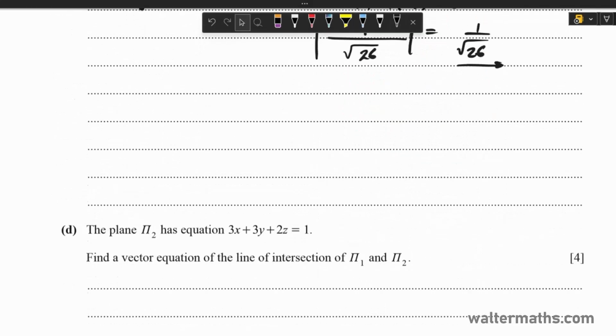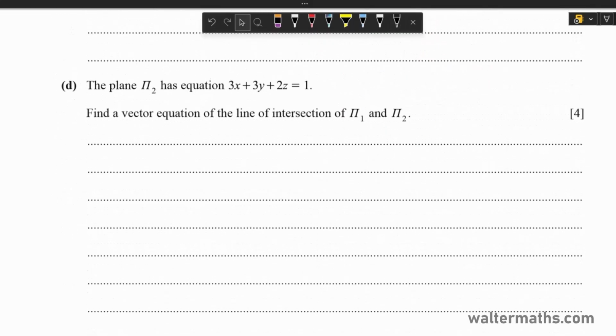Let's go on to part D. On D, they say the plane pi2 has equation 3x plus 3y plus 3z equals 1. Find a vector equation of the line of intersection of pi1 and pi2. All right. So we want to find the line of intersection between two planes.